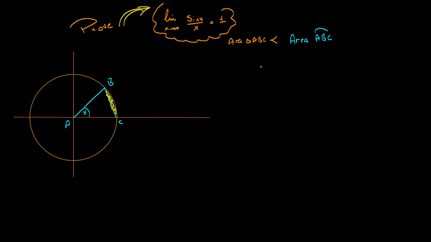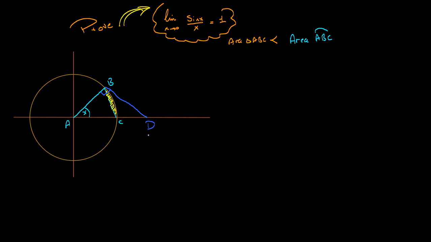Now let's draw a tangent to the circle at the point B. I think it should be like the following. The tangent, for sure, makes a right angle, and let's say this point is D. Now we have another triangle, ABD.